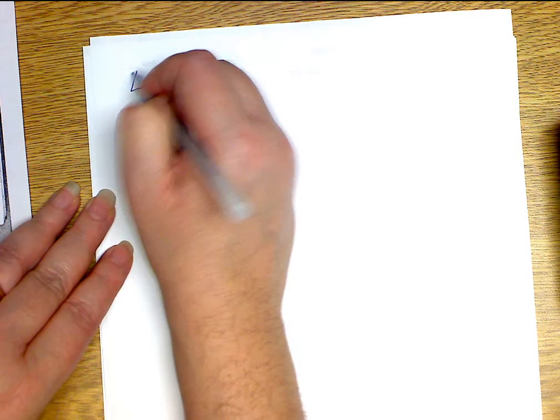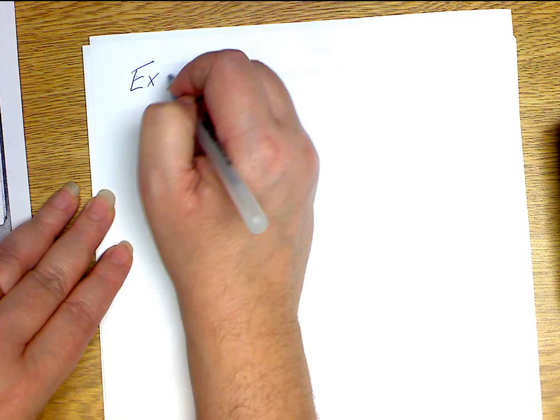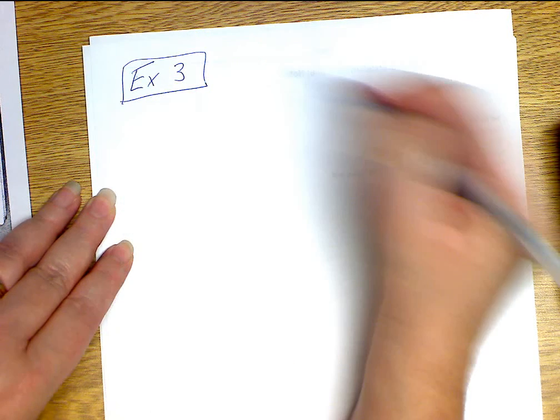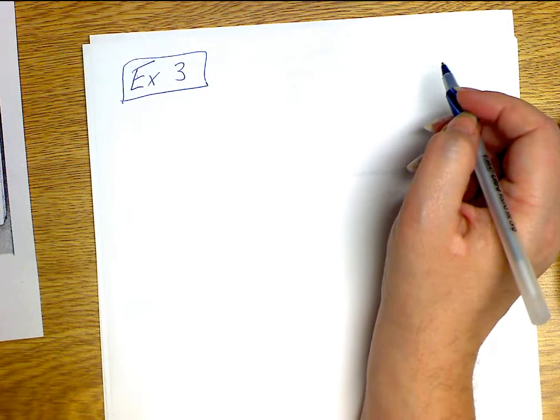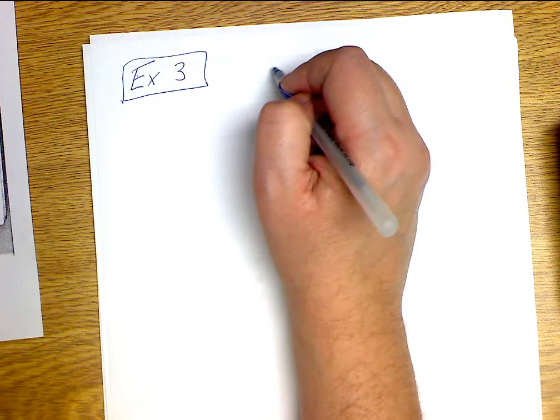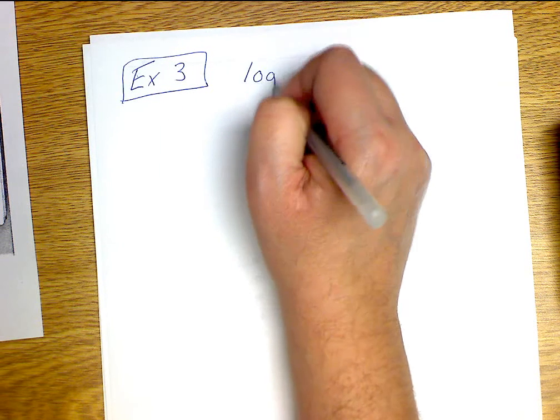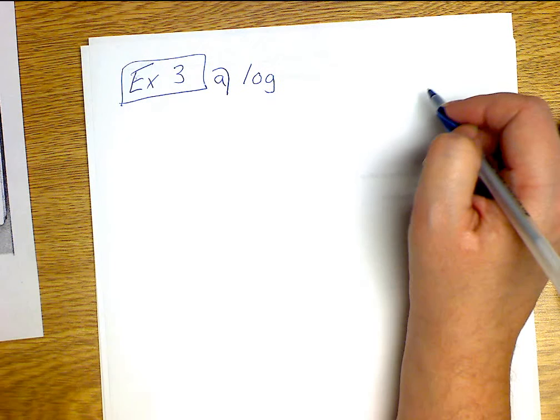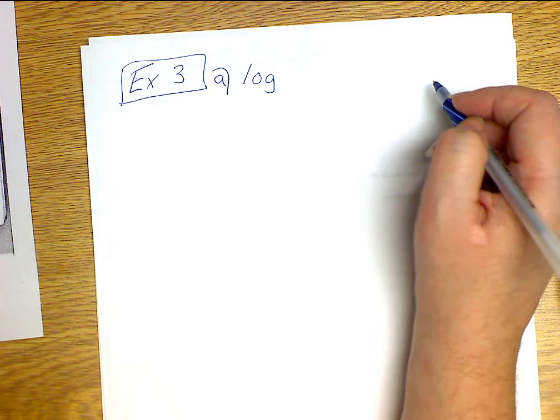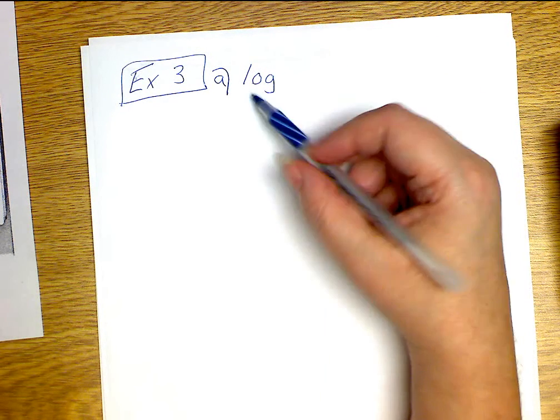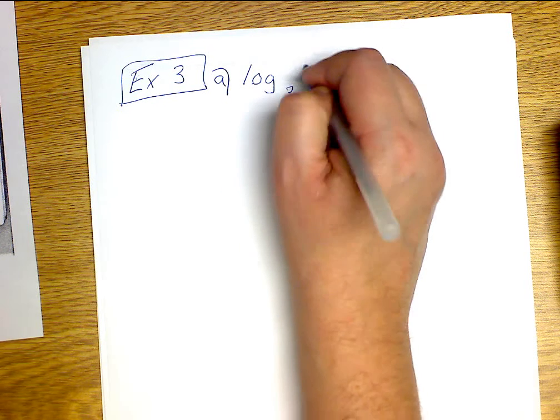All right, example 3. Not a last example of these types, because there's something else we have to learn, but the last example of this. We are actually going to do 3 of these, because to me these are the hardest ones. Log base 3 of 27 is equal to x.